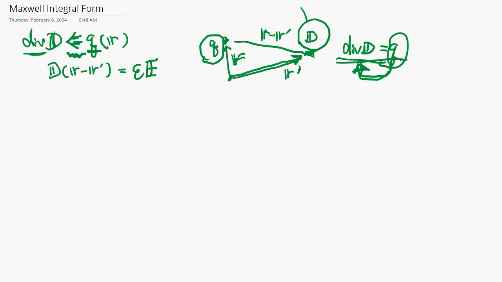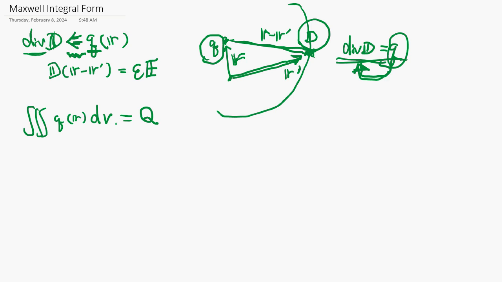Now suppose you take this sphere and you integrate in this sphere. It's going to be the total charge Q in the sphere. Then what kind of D do you get on the surface?